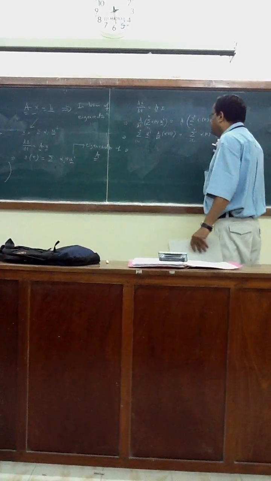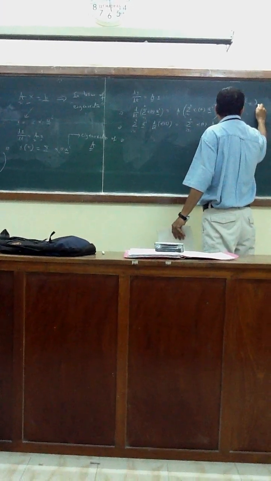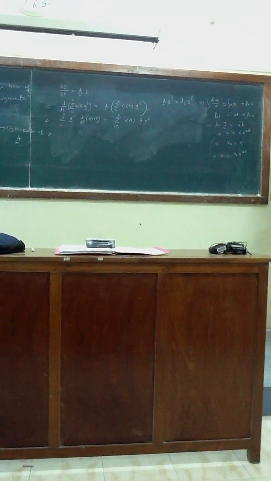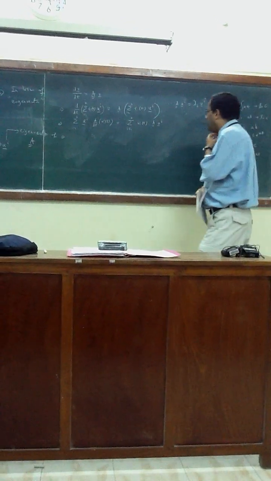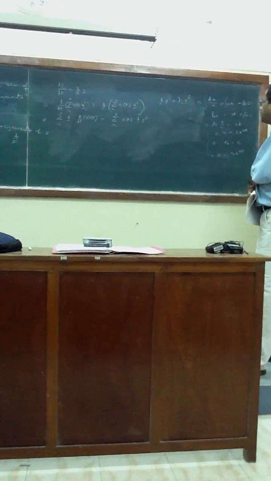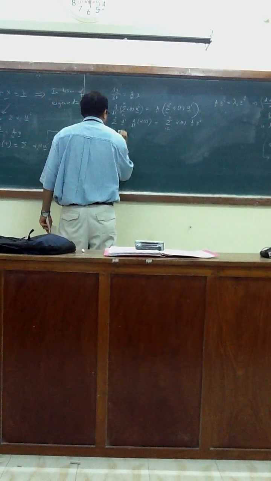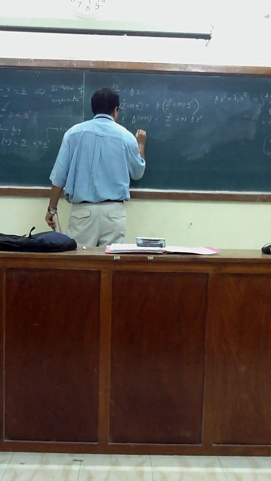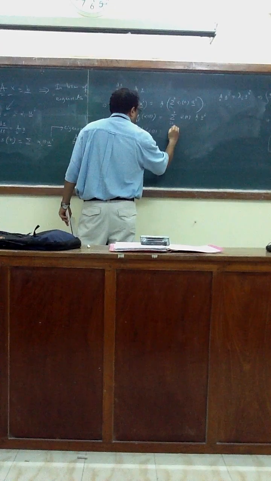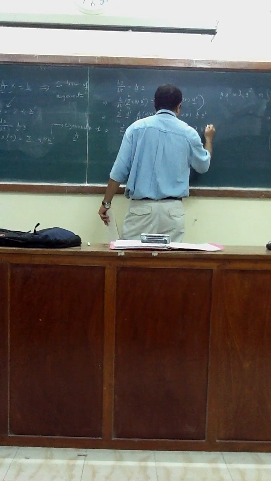And then we have the situation, you know that this is the eigenvalue problem. If ui is the eigenvector, the corresponding eigenvalue is lambda i. So summation i equals 1 to n ui d/dt of alpha i(t) equals summation i equals 1 to n alpha i(t) lambda i ui.